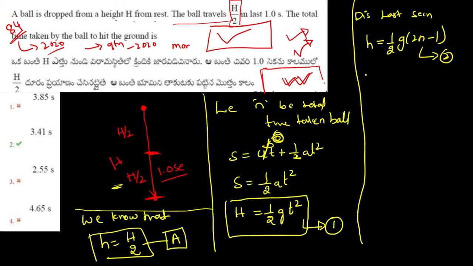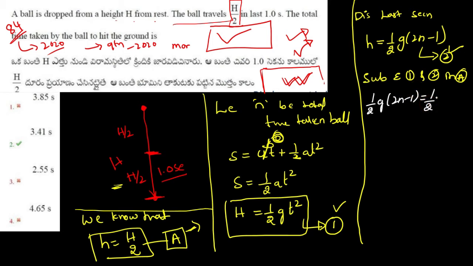Now if I substitute equations 1 and 2 in a, that is, substituting this one along with this one in this equation, it becomes 1 upon 2 g into 2n minus 1, which is equal to 1 by 2 into 1 by 2 g n square.